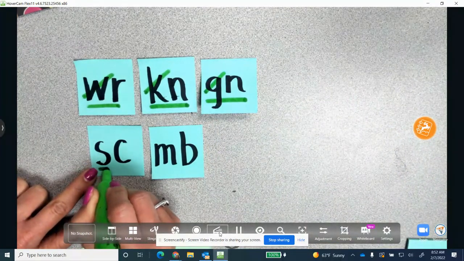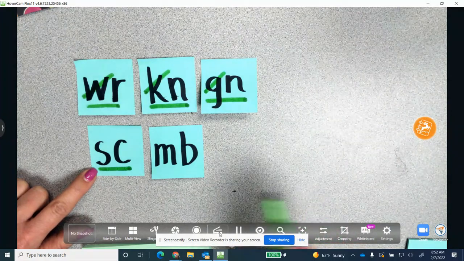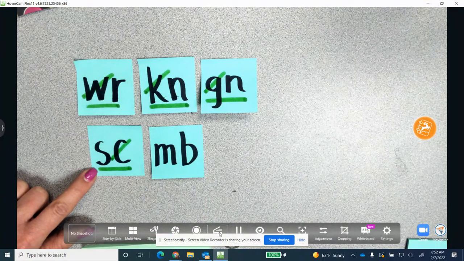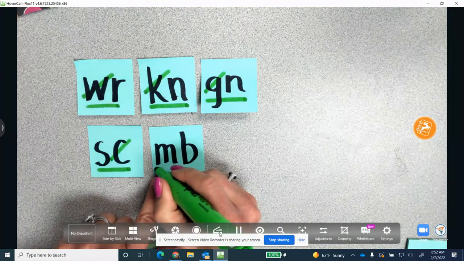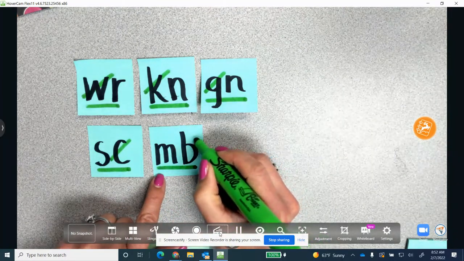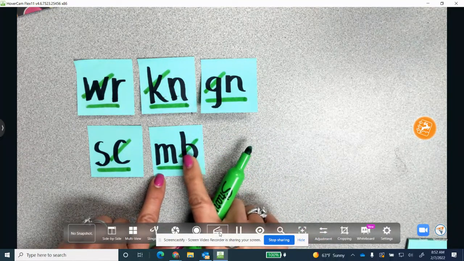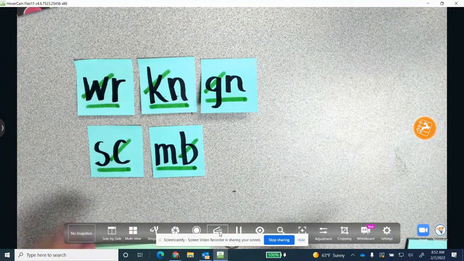This spelling pattern, digraph, says S, and the C is silent. And this spelling pattern, digraph, says M, and the B is silent. Now this is usually at the end. This will not begin a word. Okay.